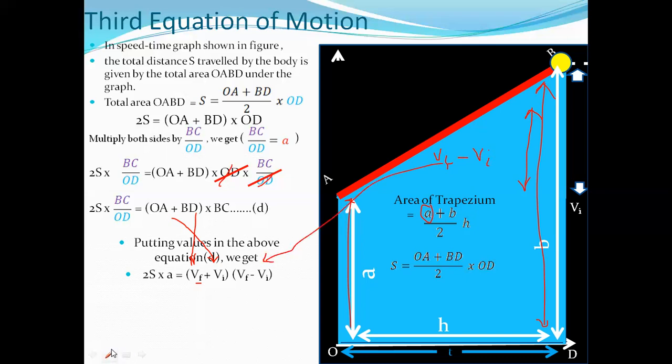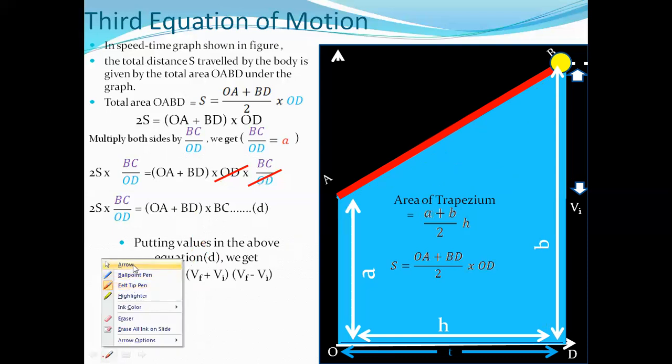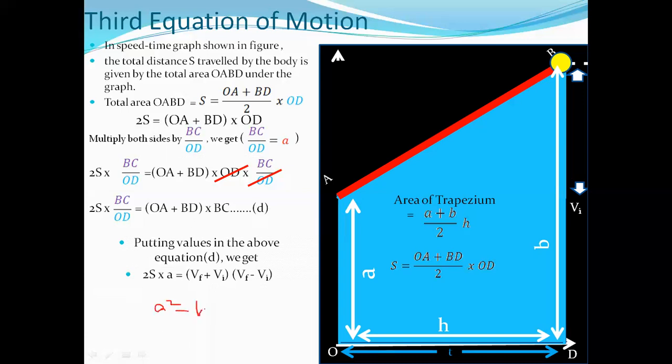Now if we put in the values, we have the formula, which is represented by (A plus B) into (A minus B). As you know, A square minus B square is equal to (A plus B) into (A minus B).